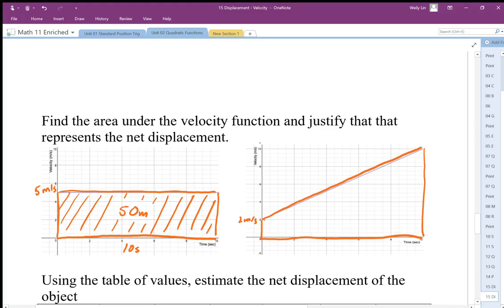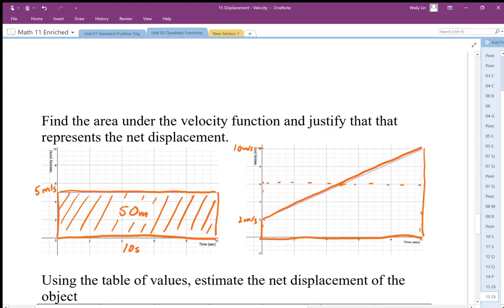I end up at 10 meters per second, and I can take the average velocity of 6 meters per second, and just use that as my area. That's how we calculate areas of trapezoids. We just take the average height of the trapezoid and multiply it by the width of that trapezoid. And you can see that rectangle here is going to have the same area as our trapezoid.